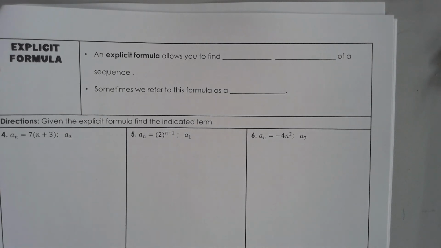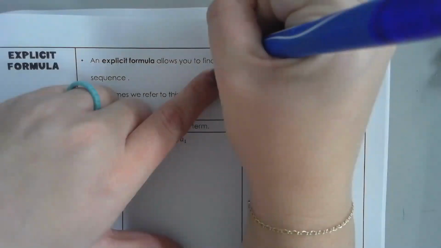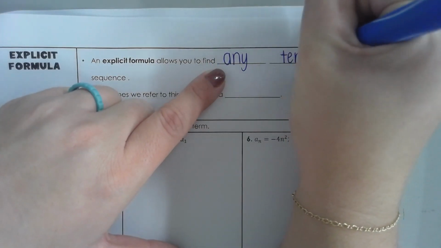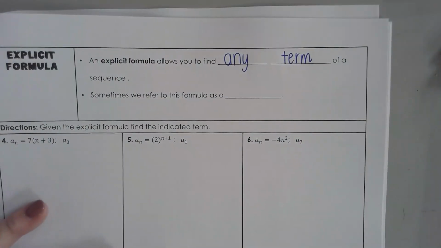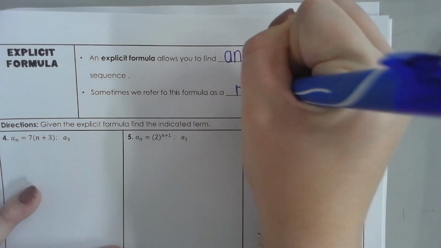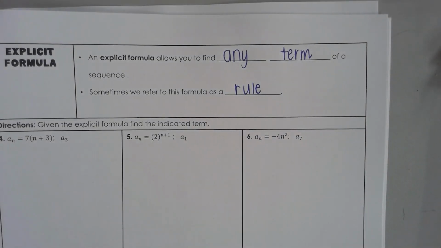So an explicit formula allows you to find any term of a sequence. Sometimes we refer to this formula as a rule. So I might say write the rule, or find the rule, or find the formula.